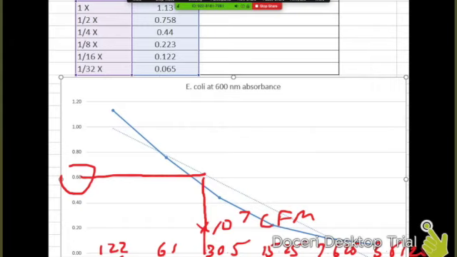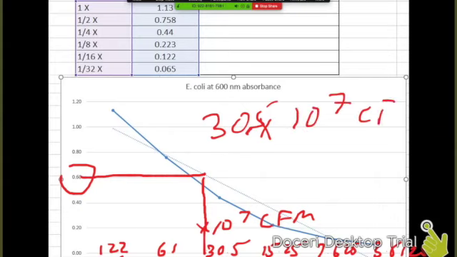So if we have this original cell culture that we don't know what the CFUs per milliliter is, we can just stick it in there, and in this case, if it was an absorbance of 0.60, then we would have 30.5 times 10 to the 7th CFUs per milliliter.